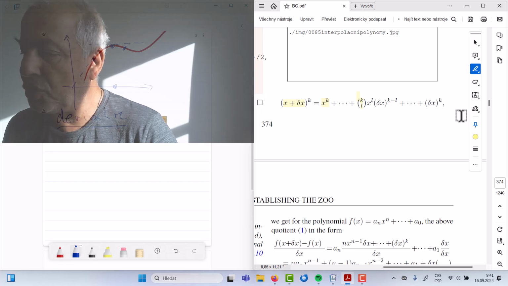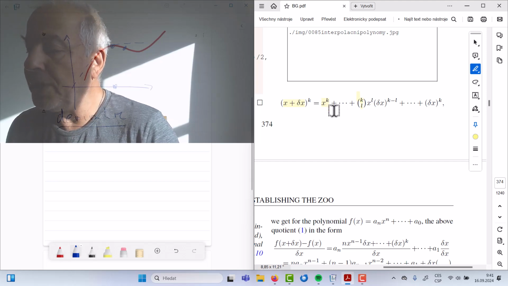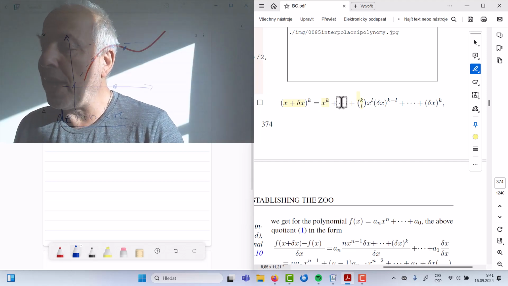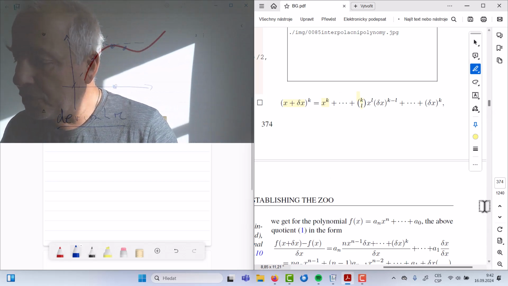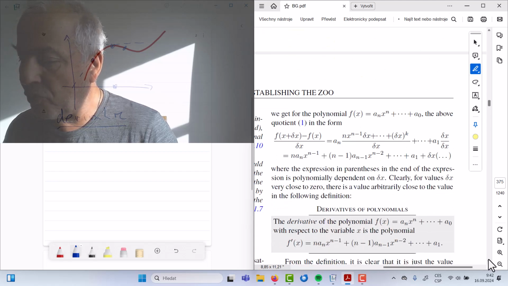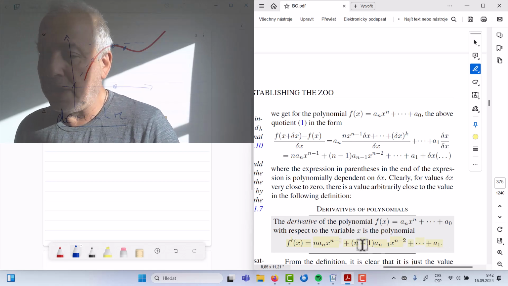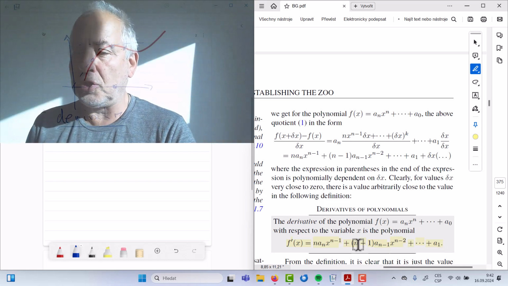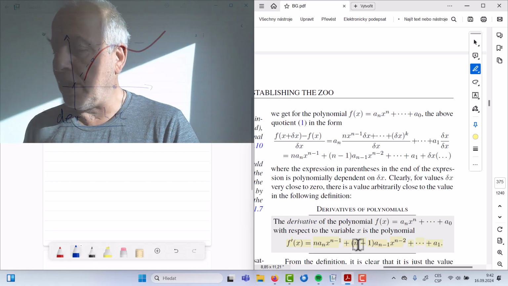So it will be just this one, and then what's remaining is just the first one, which has got only the delta x to power 1, right? And that will be k times x to k minus 1, and that's the derivative of the polynomial. So you see that actually that's a very straightforward thing, and you see that the derivative of the polynomial makes sense, and by the very construction it will give you the slope, so how fast the polynomial function grows.